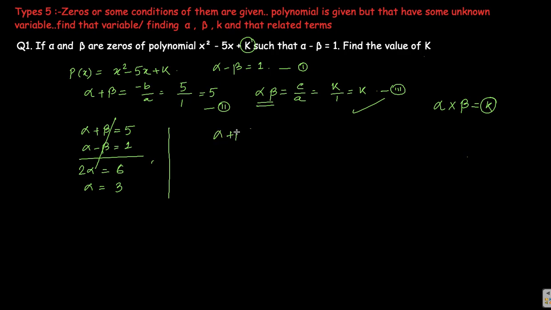Alpha plus beta is equal to 5, and putting alpha as 3, beta becomes 5 minus 3, that is 2. Now alpha into beta, with alpha as 3 and beta as 2, gives 6, which is equal to k. So the value of k is 6. I think you got my point.